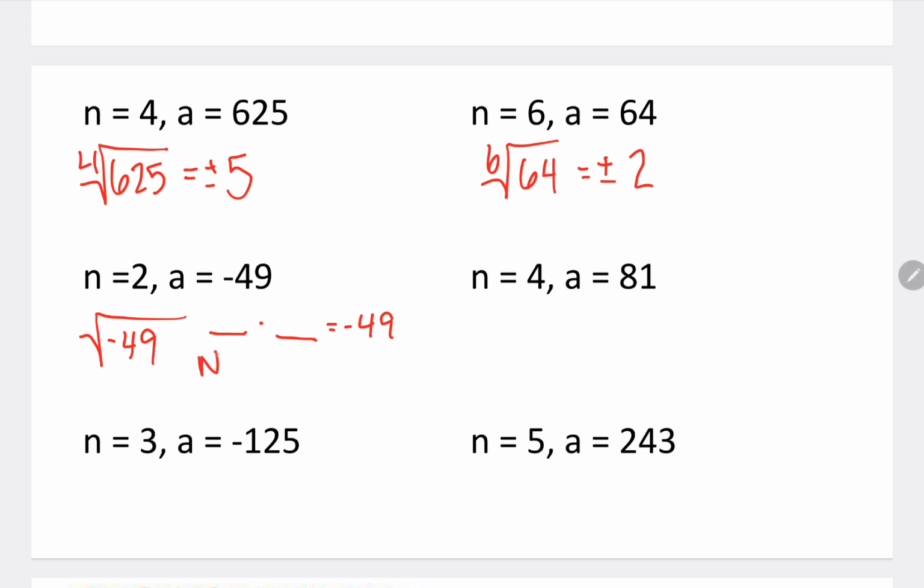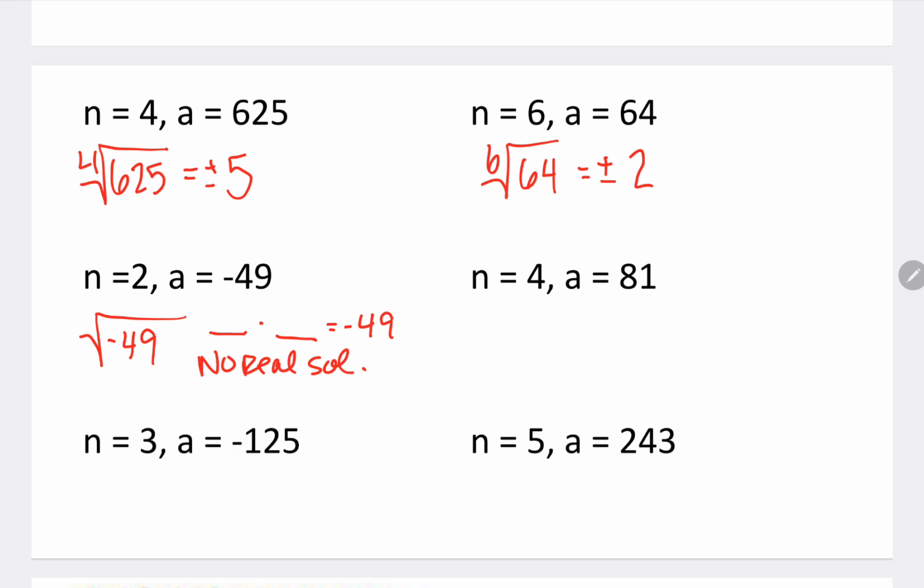So this one would have no real solutions. We know from a previous chapter that 7i times 7i would work, but for today's lesson, we would just leave it at there's not a number. So even roots, you could have no solutions or 2 solutions.